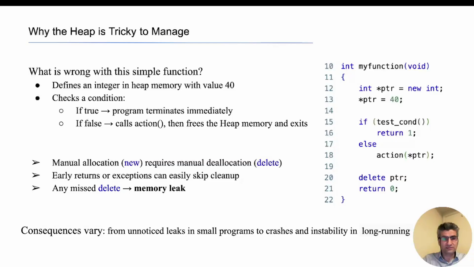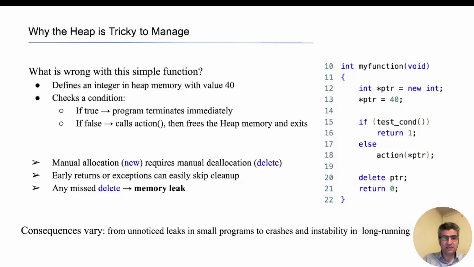When the function ends, the pointer variable on the stack is destroyed, but the memory it points to on the heap is still occupied. And since you lost the pointer, you can no longer free it. That block of memory stays reserved until the whole application ends. This is called a memory leak.